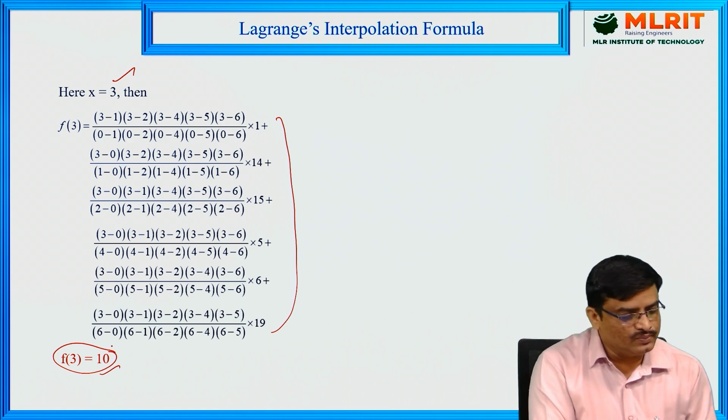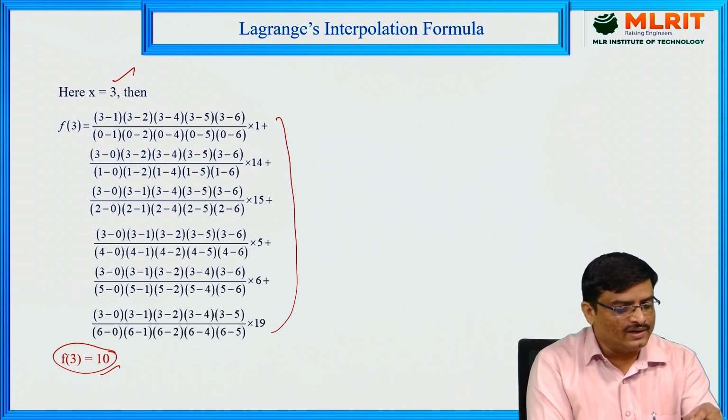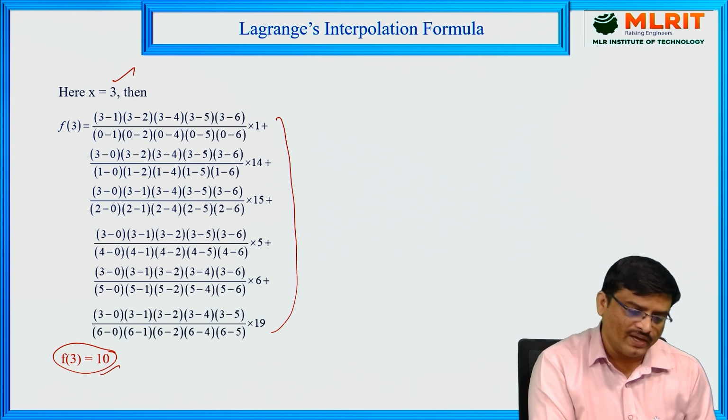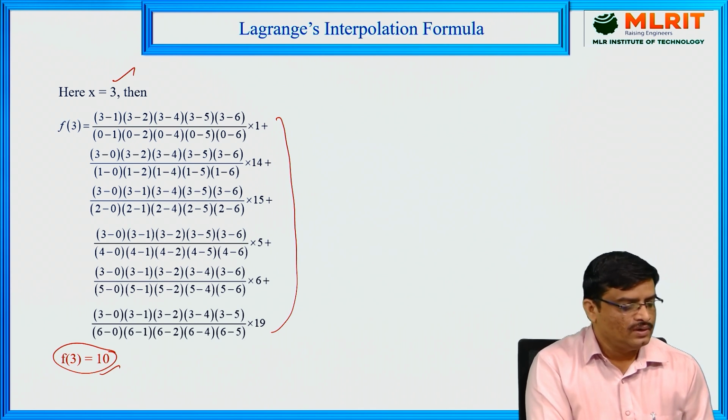This is very simple, just whatever data has been given, we can substitute those values directly in the formula, and if we simplify this, we get our required value of y at the given particular value of x. So this is the way we can apply Lagrange's interpolation for the given data.